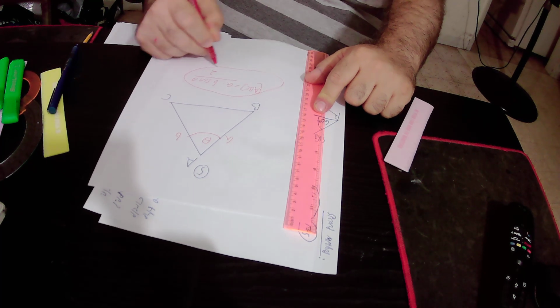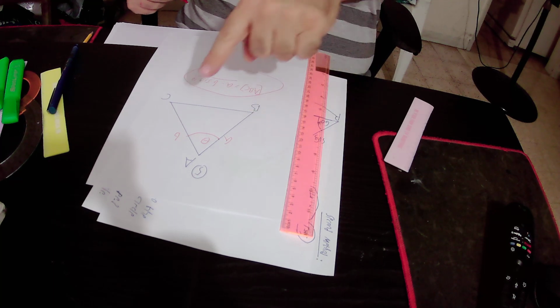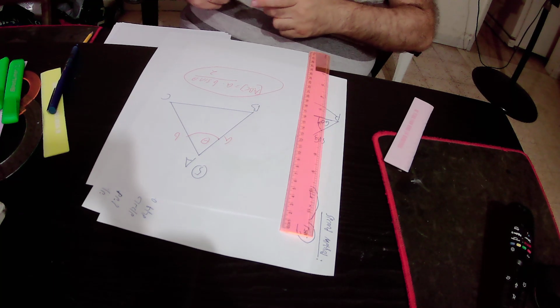Again, the area of this triangle equals to A times B times sine theta over 2.